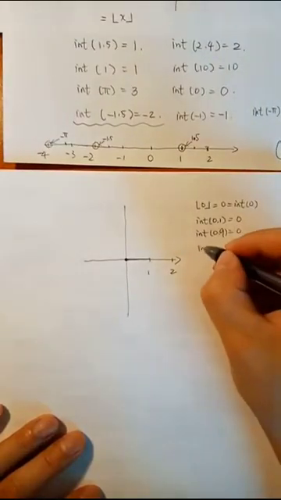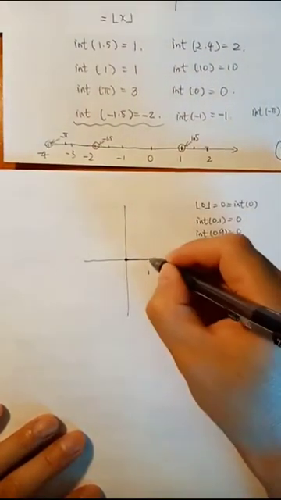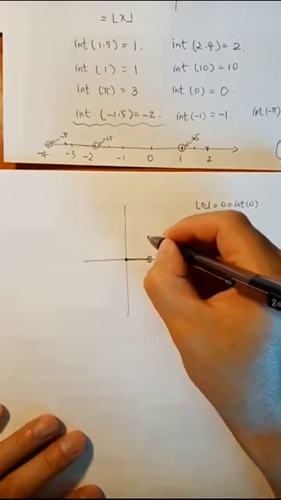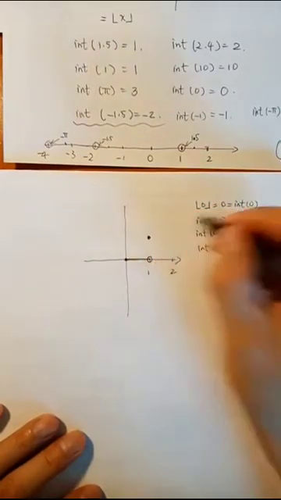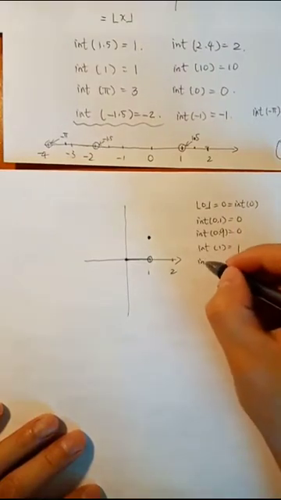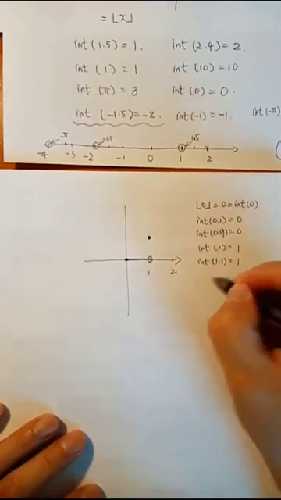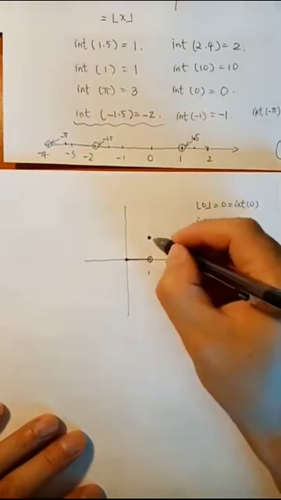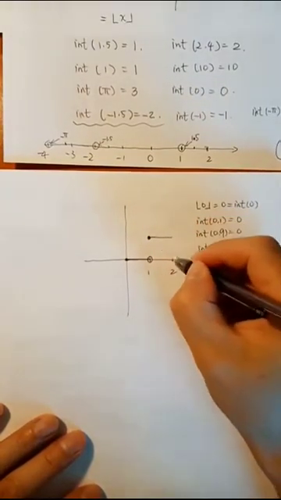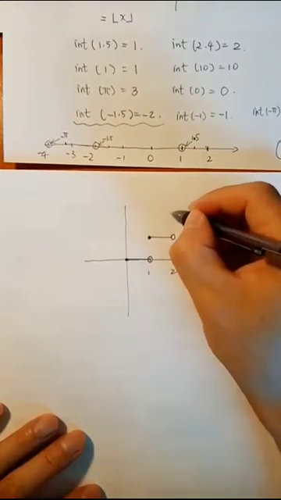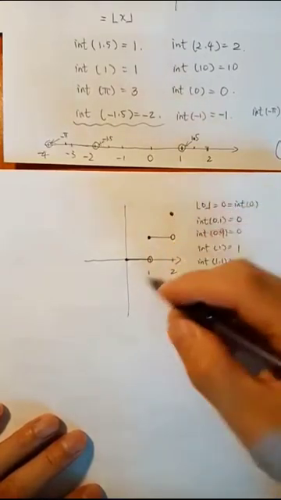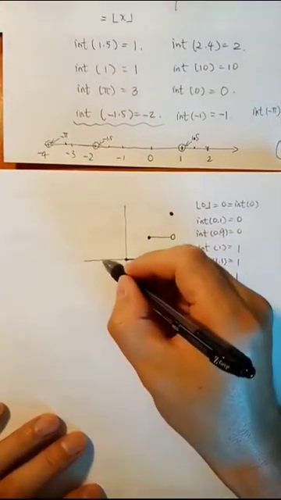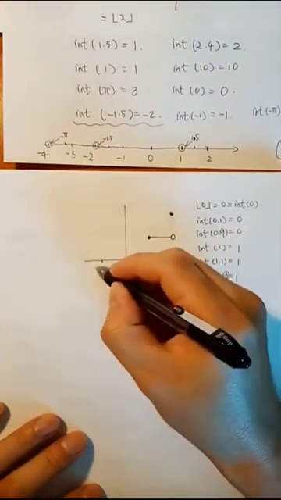But when you reach 1, it becomes 1. So the value at point 1 is equal to 1. So you have to start from this point. Then the integer part of 1.1 is 1, and the integer part of 1.9 is also 1. But at 2, it's here. So it's like a stair function. And similarly, this is negative 1.